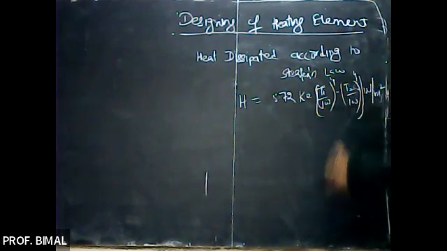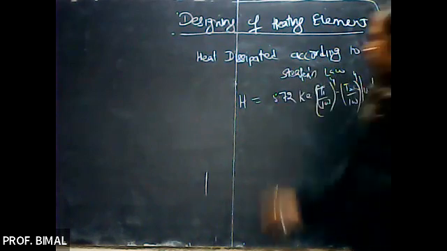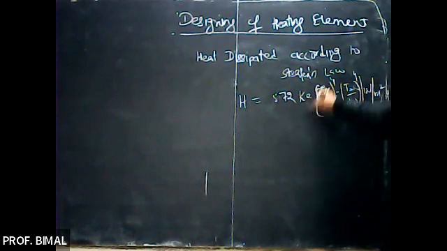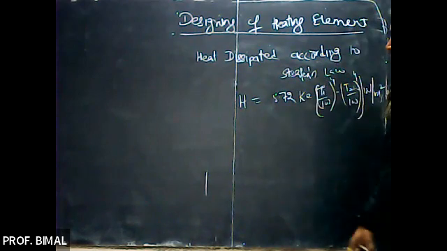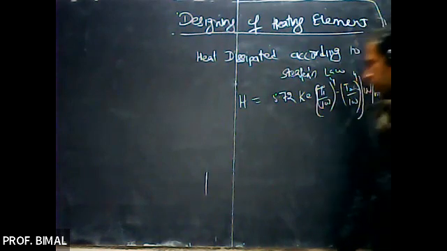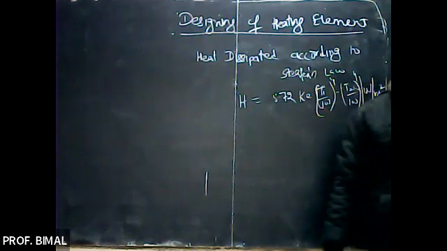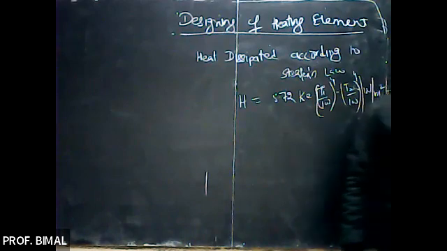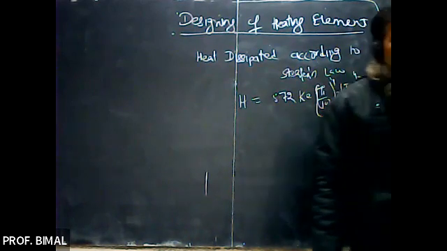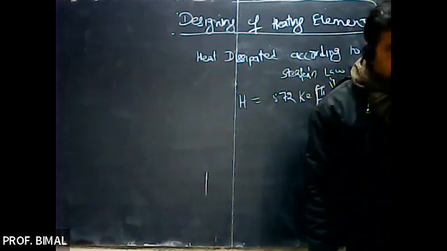So these different terms have their own significance. T1 is the temperature of the source, T2 is the temperature of the substance.